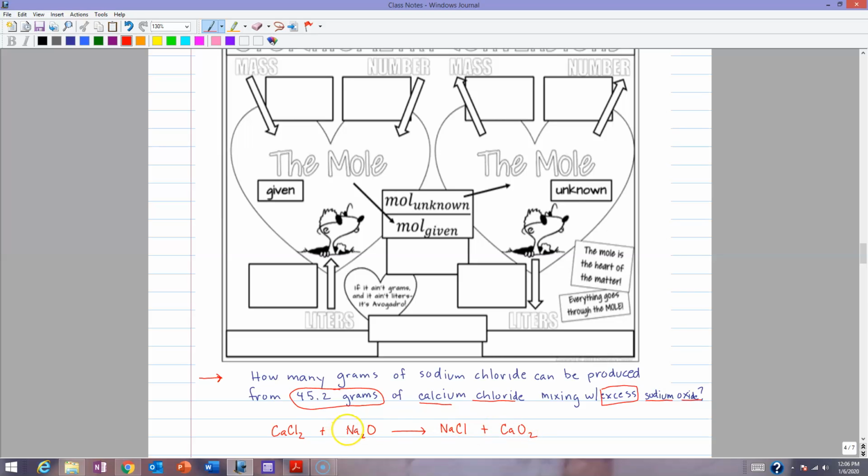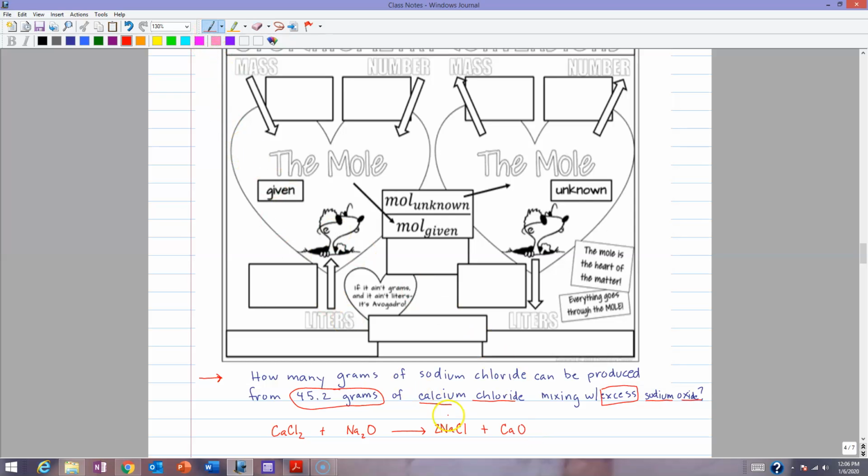Now I have to balance. It should not be a 2 as a subscript.